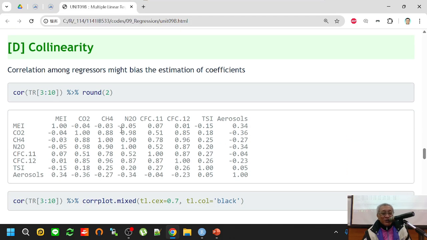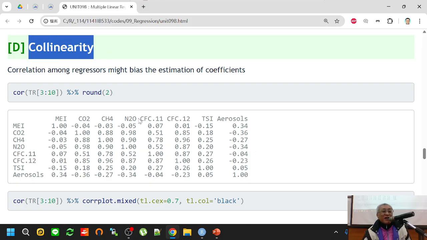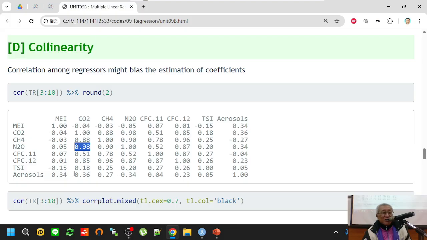Another thing that we need to explain is so-called collinearity, right? When you use a lot of x to estimate y, right? There will be a problem, right? Because some of these x have very high correlation.